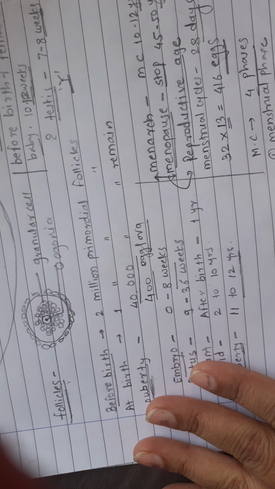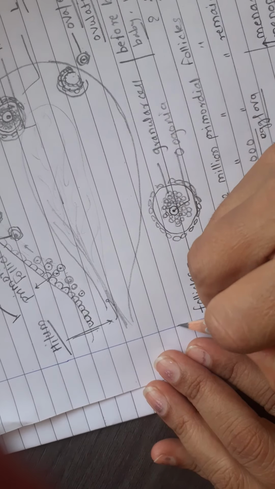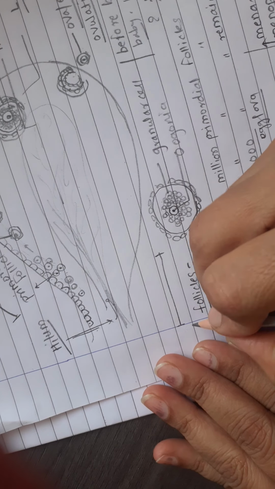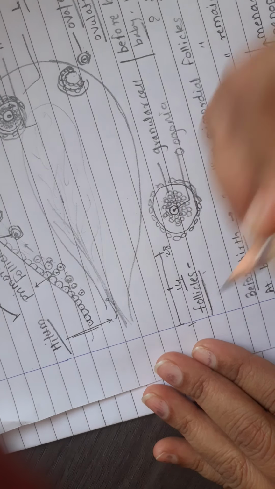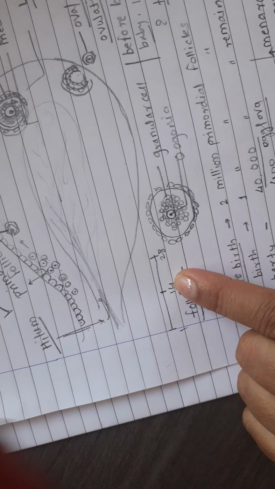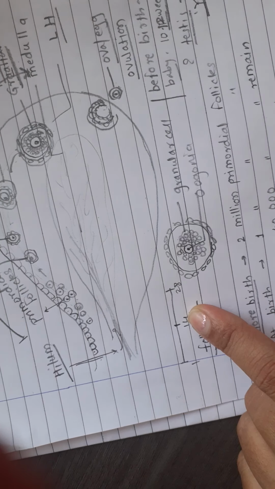The third one is the ovulation phase. In a normal healthy female, of the 28 days, at the mid, the 14th day, the ovulation process or ovulation phase takes place.